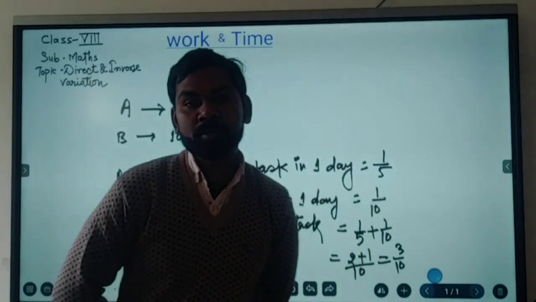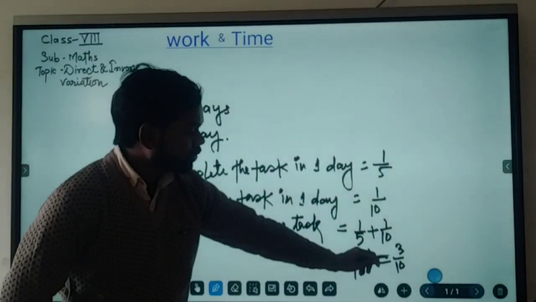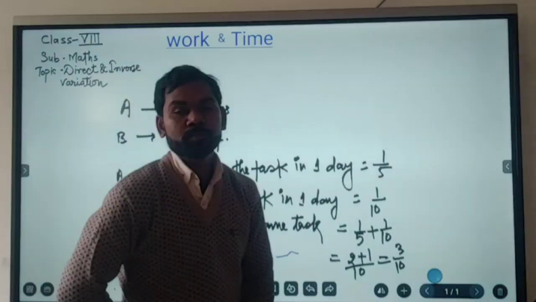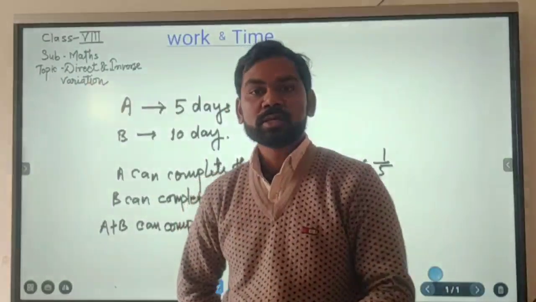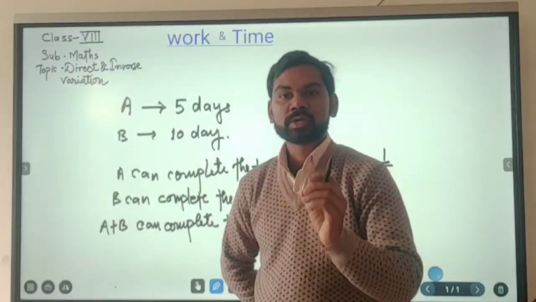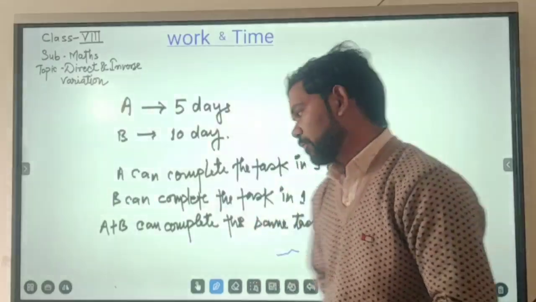So, A and B can complete the job in 1 day equal to 3 by 10. Therefore, in order to find the number of days, we take the reciprocal of the task finished in 1 day by A and B.